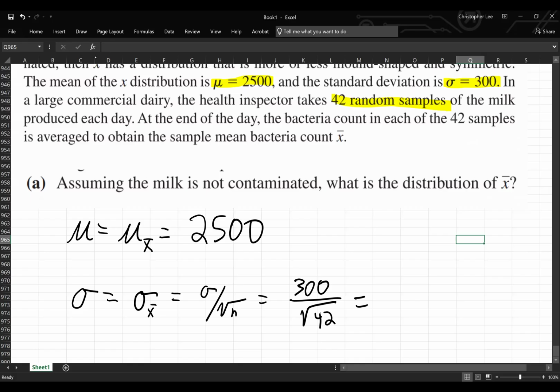Let's see what that is. So I got 46.291. So that is the distribution of X bar. Any questions on this?